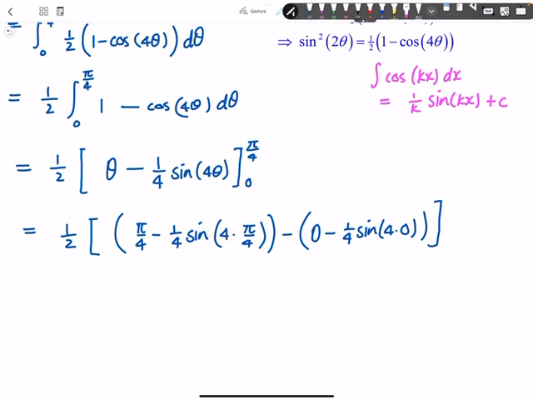Again, sine evaluated at 0 is equal to 0. Sine evaluated at pi is equal to 0. So we are left here with 1/2 times pi over 4. So this will be equal to, I get pi over 8.